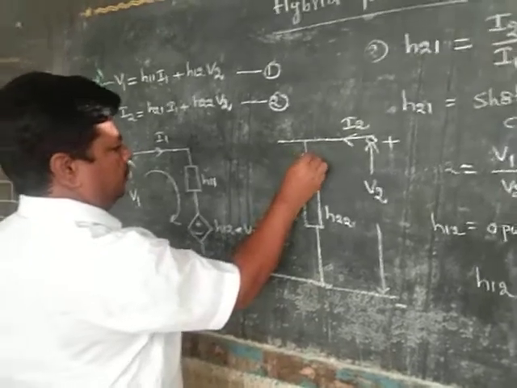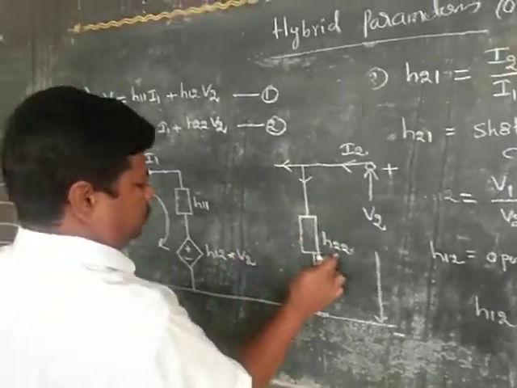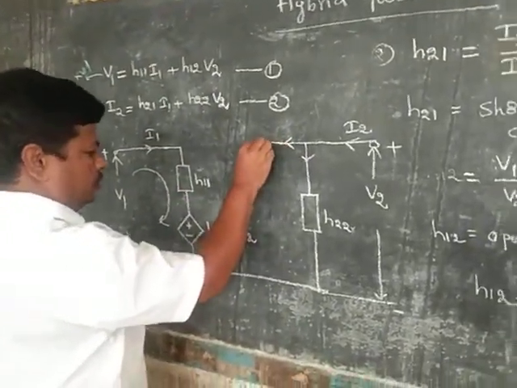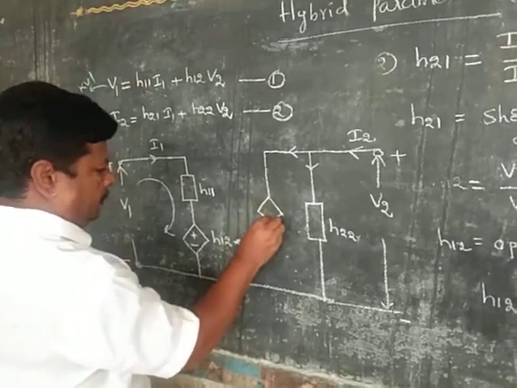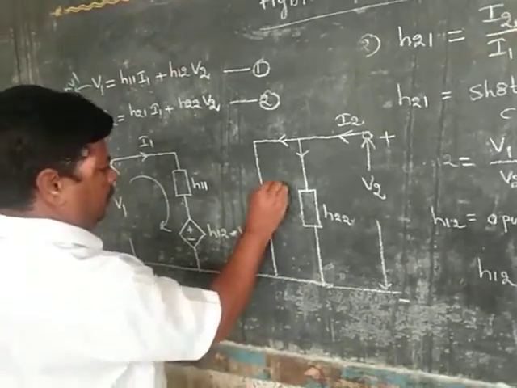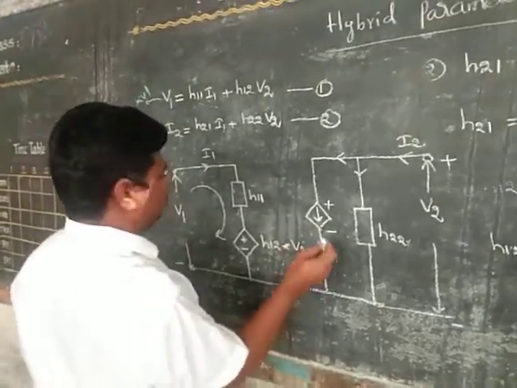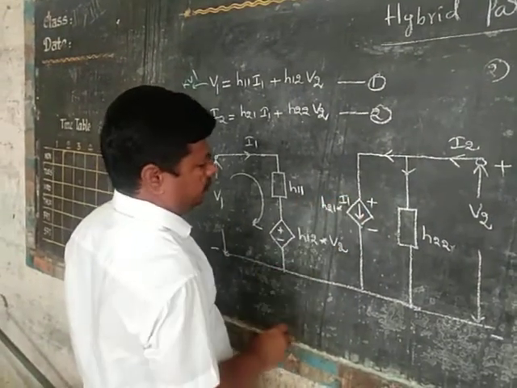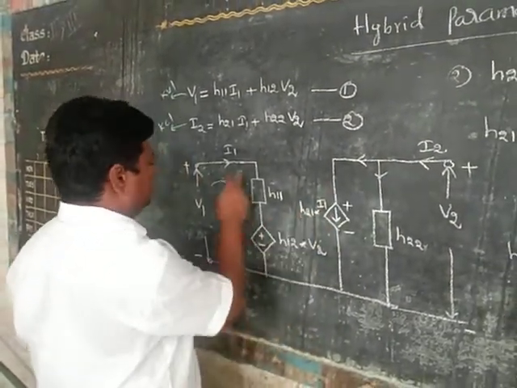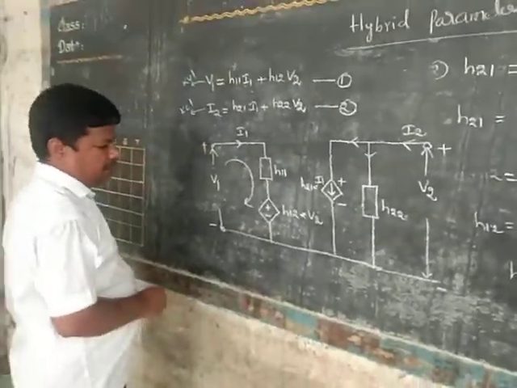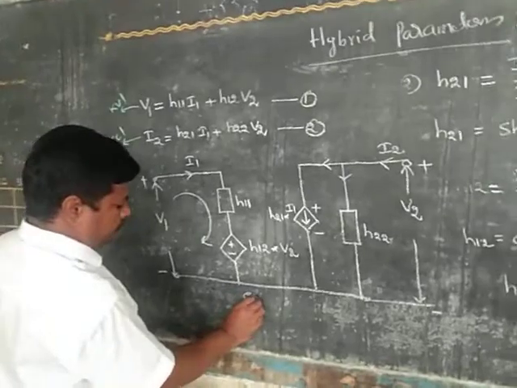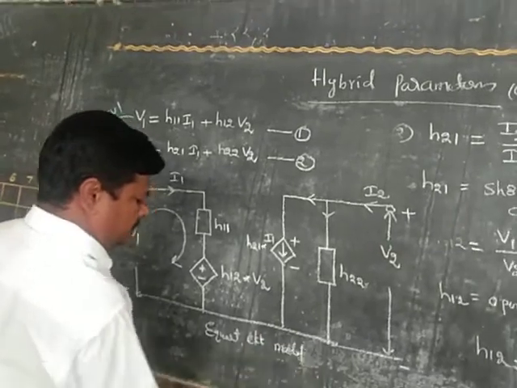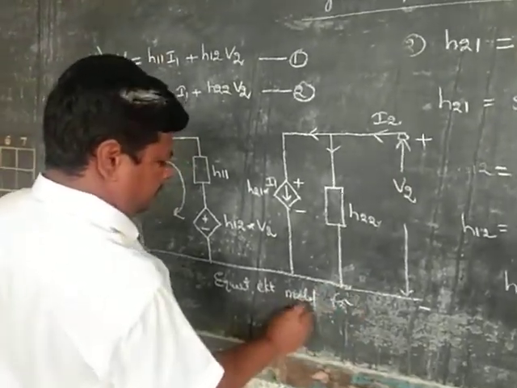So I2 current is divided into two parts: one is H22 into V2 and the second one is H21 into I1. H21 into I1 is a dependent current source, dependent upon the input current. So this is the equivalent circuit model for H parameters.